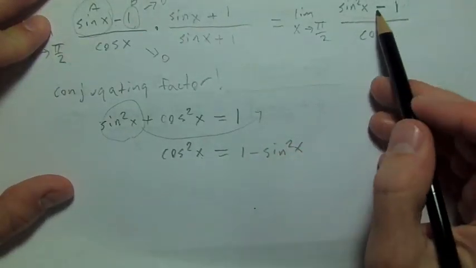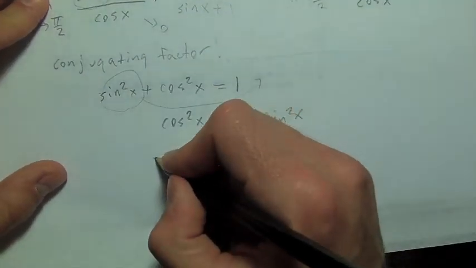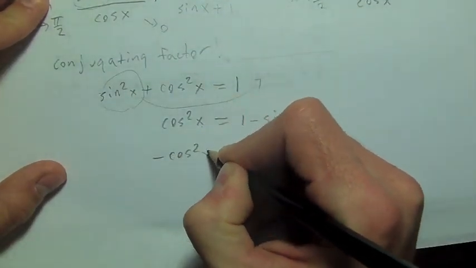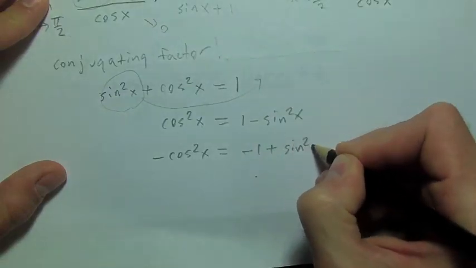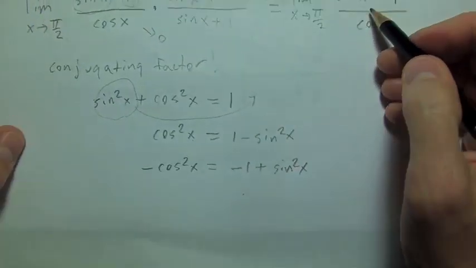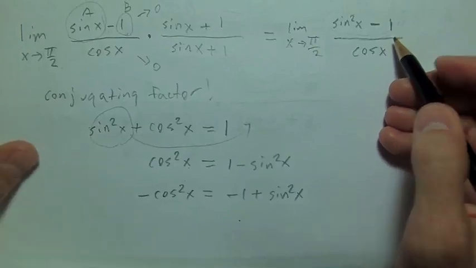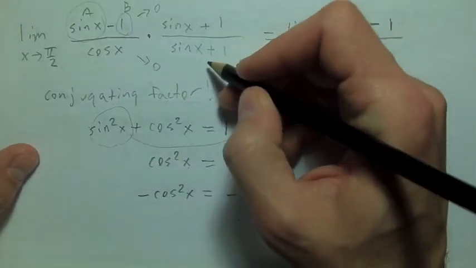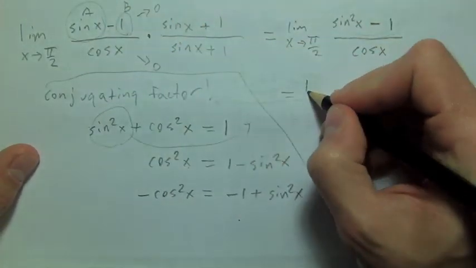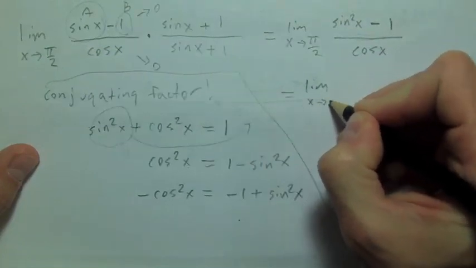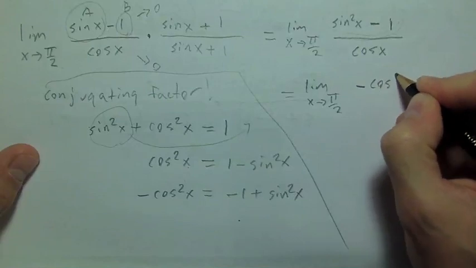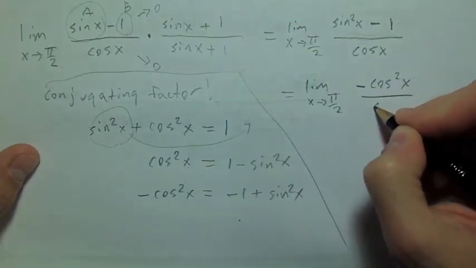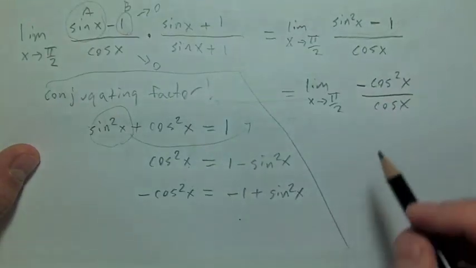We don't exactly have that, but if we flip the signs, multiply both sides by negative, we get exactly what we want. Sine squared x minus 1 is actually equal to, and remembering to write our limit sign, negative cosine squared x over cosine x.